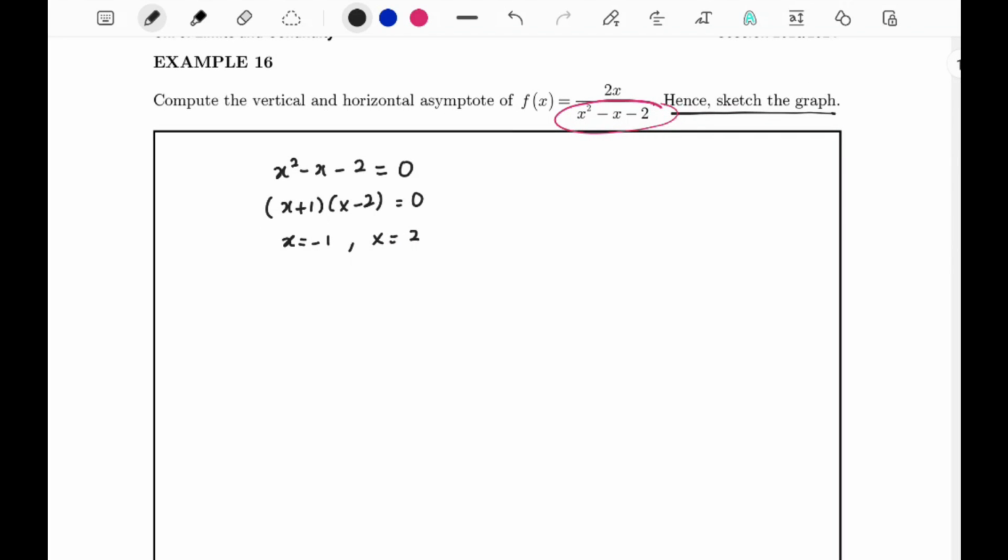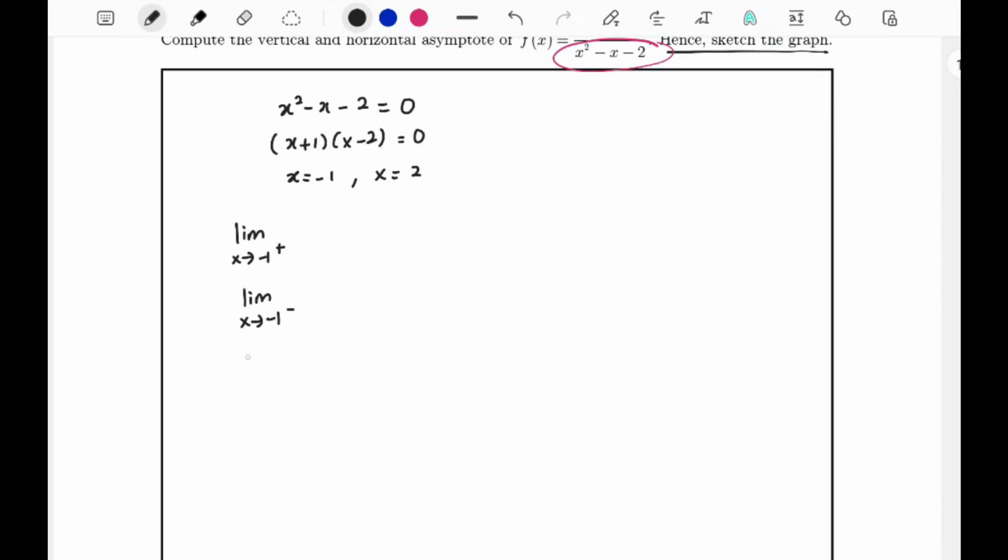So we're going to approach x approaching -1 from the right, x approaching -1 from the left, x approaching 2 from the right, and x approaching 2 from the left.